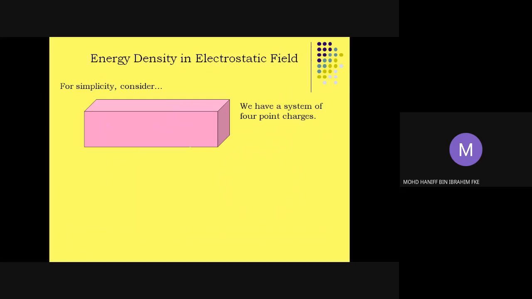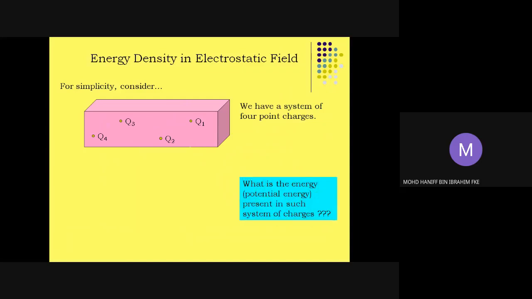We're going to start with this particular case, a system whereby we are having 4 point charges. We always start with a very basic charge distribution, labeled as Q1, Q2, Q3, and Q4.